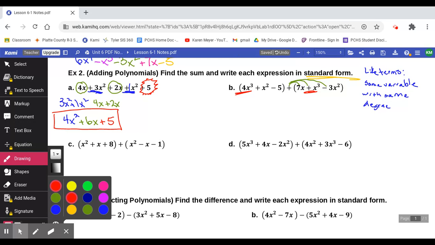So I got 4x to the third plus 1x to the third, which will give me 5x to the third. Then x squareds, positive x squared. So that's positive 1x squared. And over here we have a minus 3x squared. So 1 minus 3 is negative 2x squared.